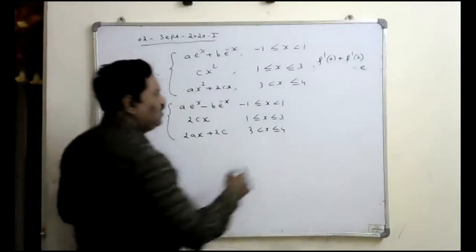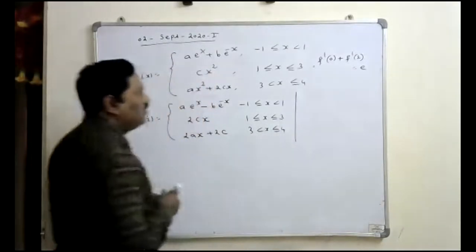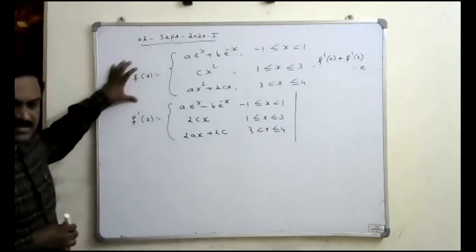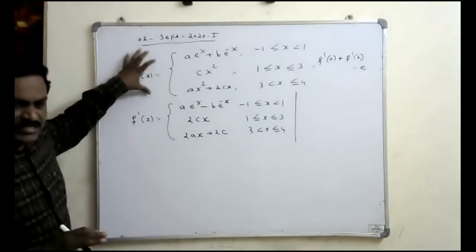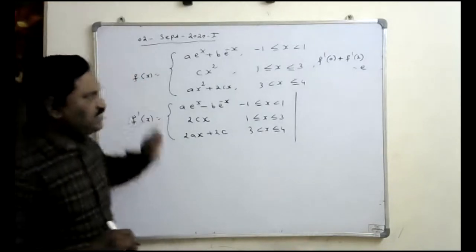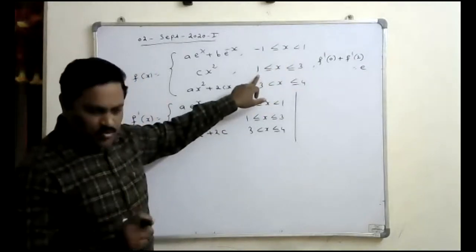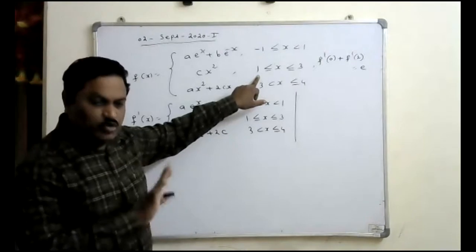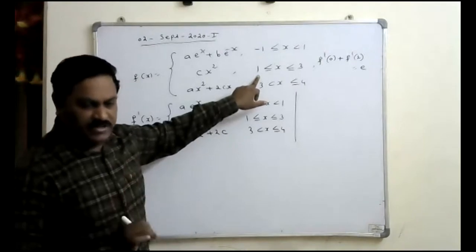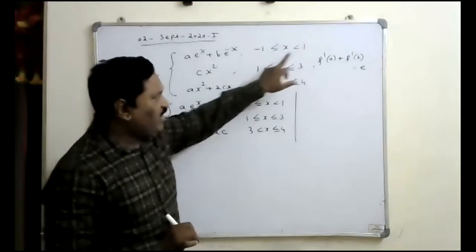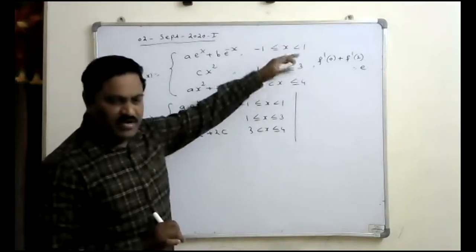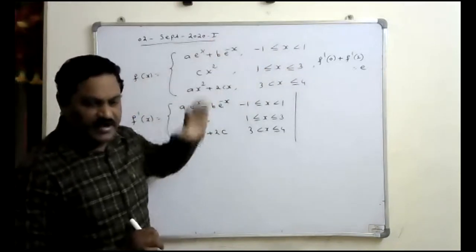First of all, they have given that this function is continuous on R. If it is continuous, wherever you have the breaking, at that value the left hand limit should be equal to the right hand limit. That is the condition. Here at 1 there is a breaking. So at 1, the left hand limit should equal the right hand limit. For the left hand limit, take this function, substitute x equal to 1: a e plus b e^(-1) should be equal to the right hand limit.